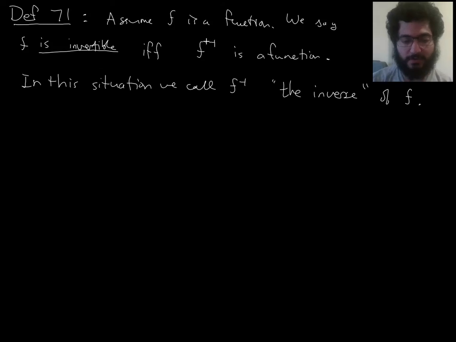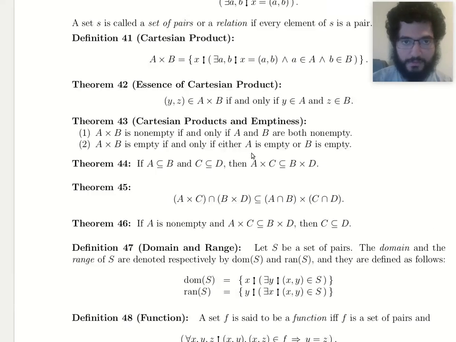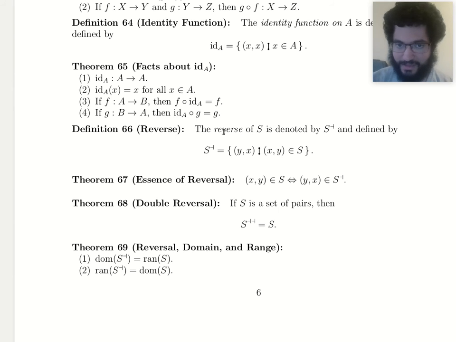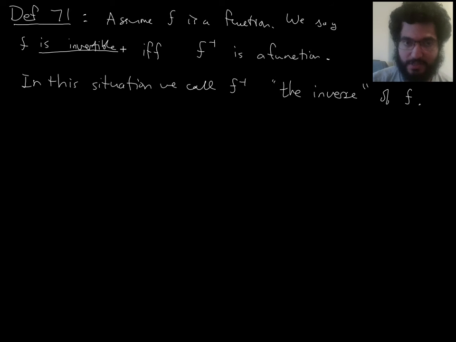The reverse, I don't even remember now, it's quite possibly something that I made up. But the idea is taking a set of pairs and flipping around all the pairs. The reverse is something you can always consider, but you can only call it the inverse if what you were looking at was a function and the reverse turns out to also be a function. Then you can call it the inverse.